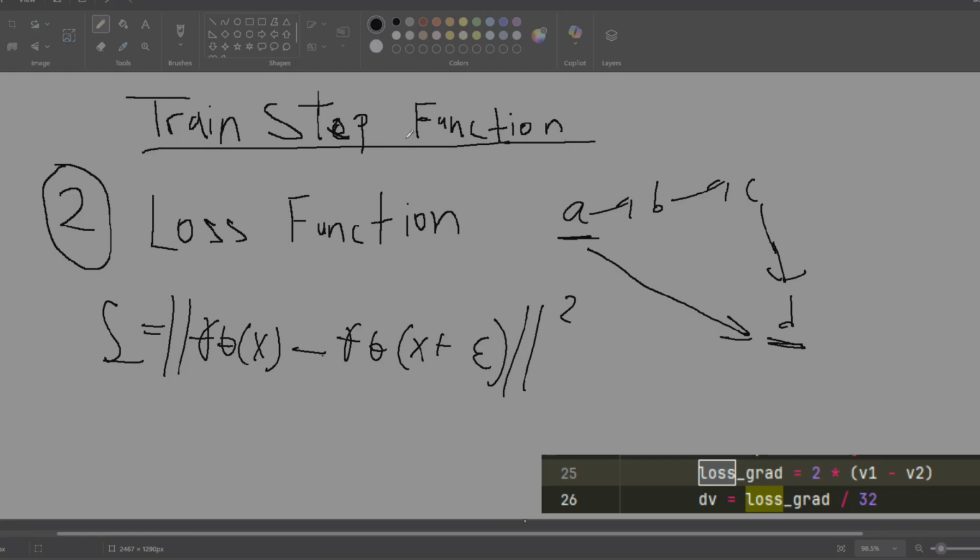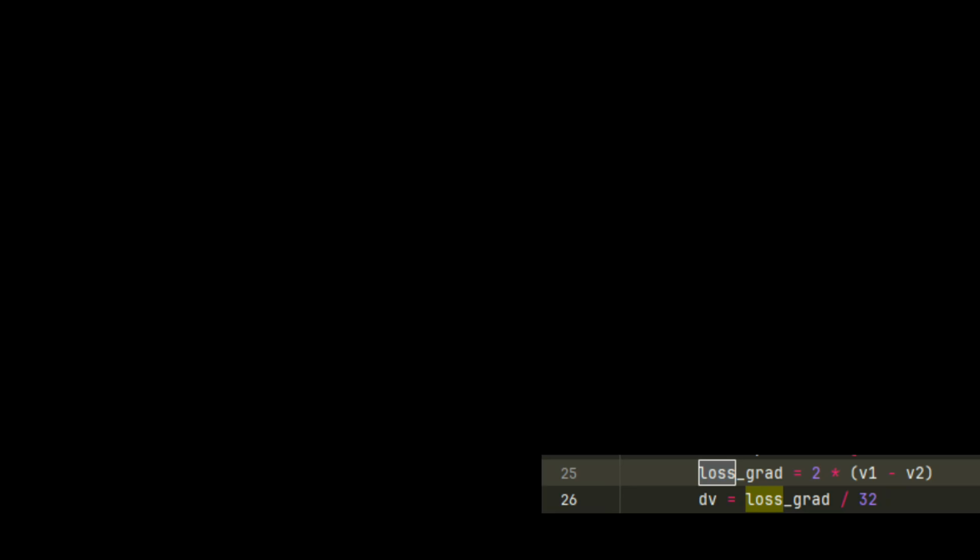This function is just saying loss is equal to the squared difference between the velocity at some point and the velocity at the same point that's being nudged by a tiny random epsilon value right here. And if those two values are very different, then the loss is going to be really big. And if the values are pretty small, then the field is going to be really smooth and fluid. So in gaming terms, it's going to be high FPS.